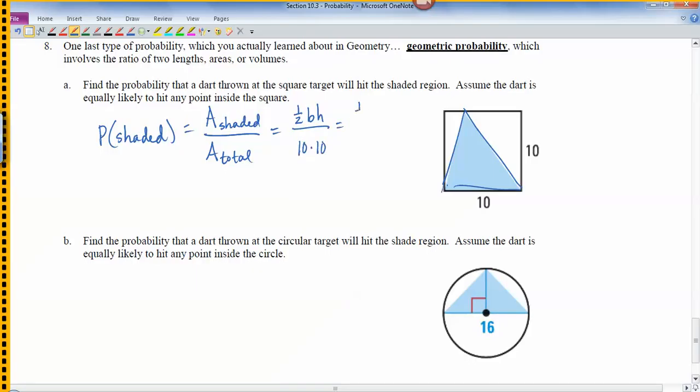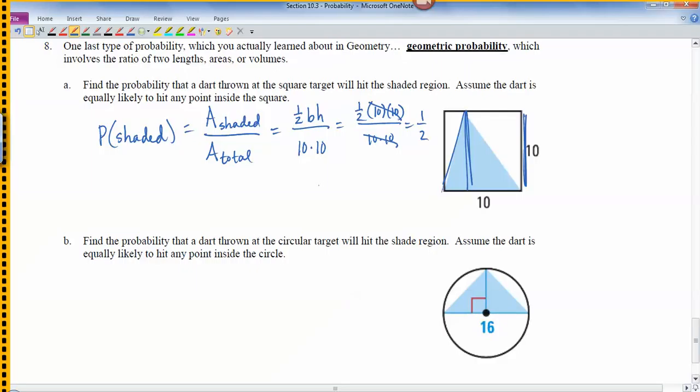And if we do 1/2 base height, well, the base of the triangle is 10, and the height of the triangle is also 10. So it's 1/2 10 times 10 over 10 times 10. Well, that 100 and that 100 cancel, so you just got a 1 out of 2 chance. Or 50 out of 100, or 0.5, or 50% chance.